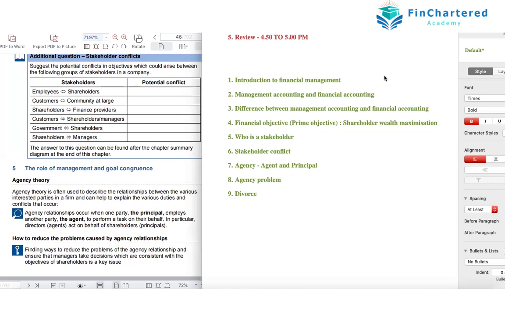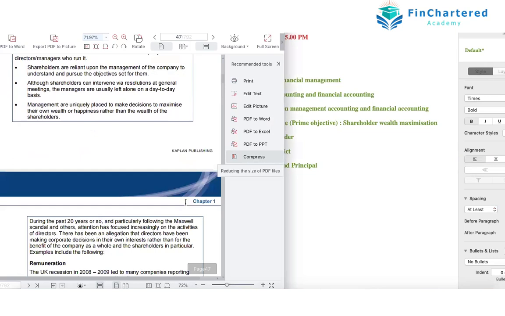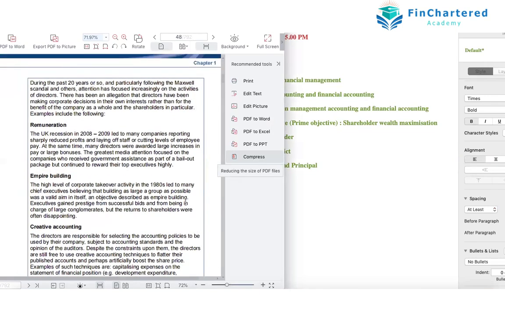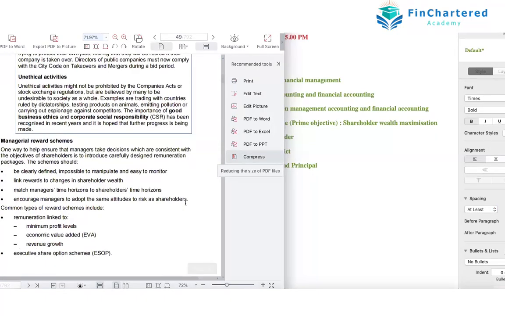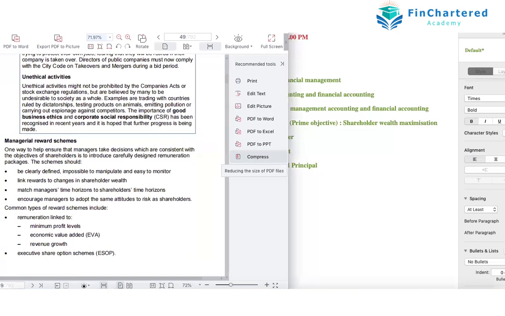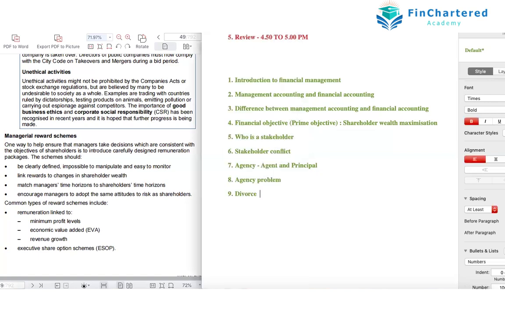Great. So let's continue with remuneration, empire building, creative accounting, all of these things we will look at. Okay. But one way to ensure that there is no agency problem is by rewarding management.